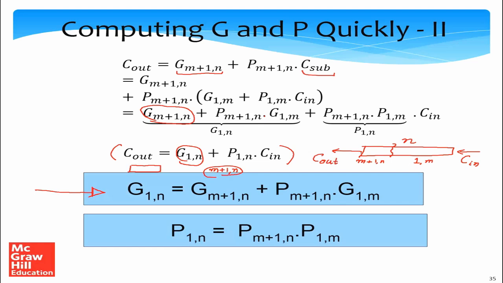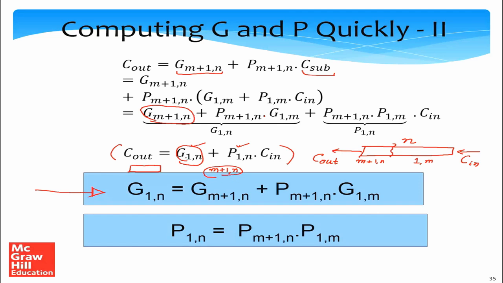When will the carry output be actually 1? The carry output will be 1 if the entire block of n bits either generates a carry, which means irrespective of the carry input, the carry output will be 1, or the entire block from 1 to n propagates the input carry, and if the input carry is 1, carry out will be 1.